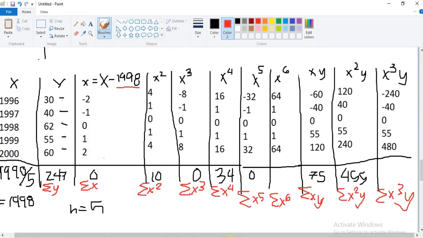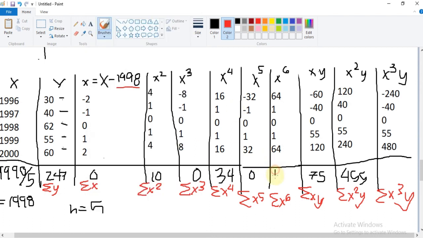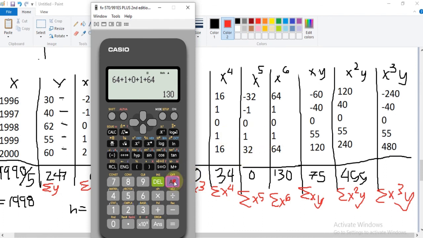So 0. Next, 64 plus 1 plus 0 plus 1 plus 64. So 130. That's the last one, the summation of x cubed times y.